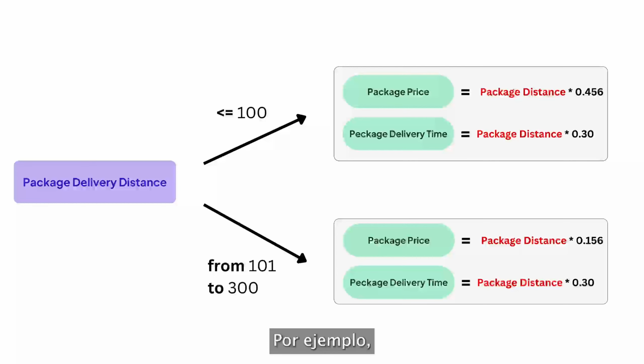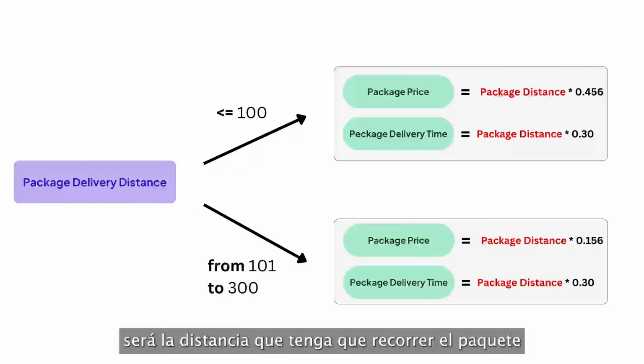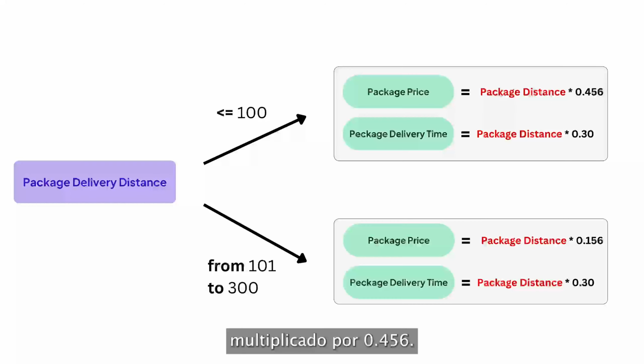For example, here, you see that if the distance will be lower or equal to 100, then the price of delivery will be the distance that the package has to travel multiplied by 0.456. In a second case, if the distance will be between 101 and 300, then the price is the distance multiplied by 0.156.